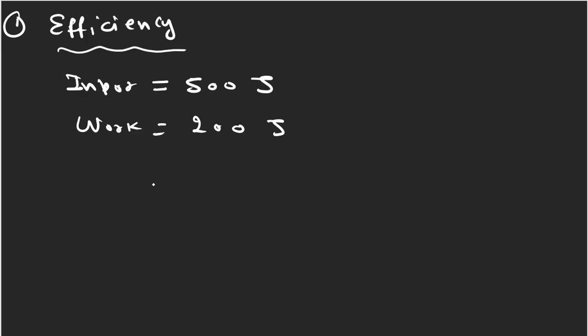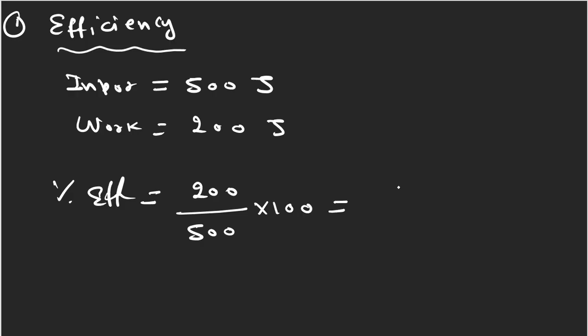So how much part of the work is done? First of all, we have to calculate how much work is done: 200 joule. Total input was 500. So percentage efficiency is equal to work done, 200 joule, divided by 500 joule and multiplied by 100. So 20 cancels, 40%.